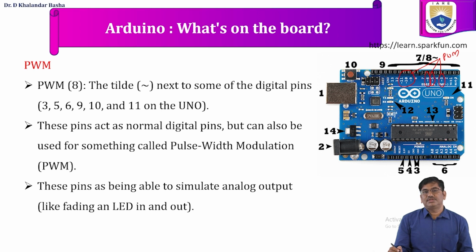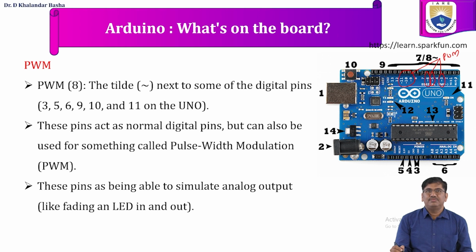The DIO pins with a tilde in front of the pin number indicate that we can use these pins for PWM signals. So in this board, pin number 3, pin number 5, pin number 6, pin number 9, 10 and 11 are used as DIOs as well as for PWM.